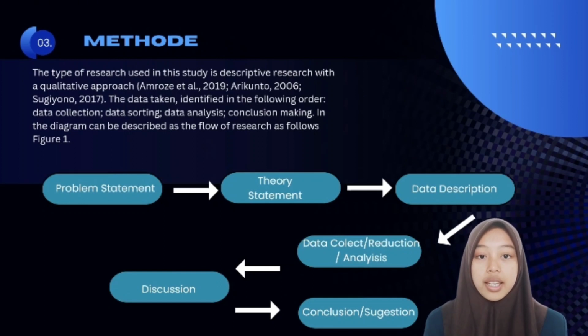The diagram describes the flow of research as in figure 1. The first is problem statement, then theory statement, then data description, then data collection or reduction or analysis, then discussion, and then conclusion or suggestion.